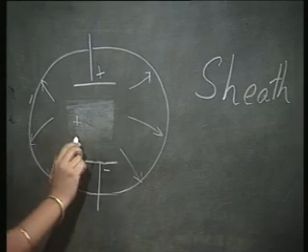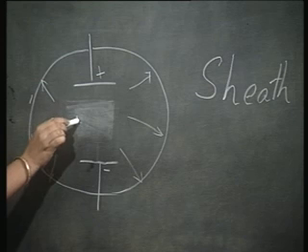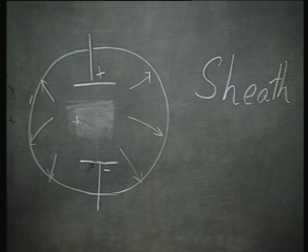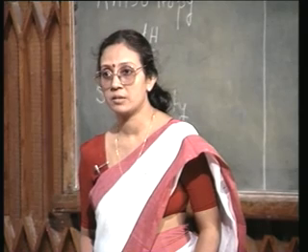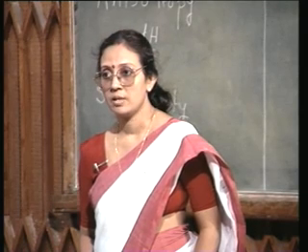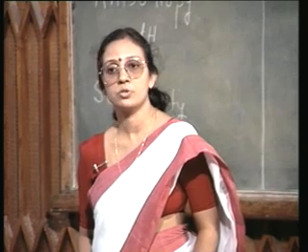So, I will have a high voltage drop between the central glow of the plasma and the momentarily negative electrode, which is called the cathode sheath potential. And mind you, this is going to determine the ion bombardment energy. There is a high voltage developed across the cathode sheath.